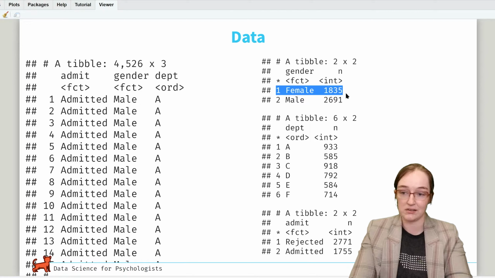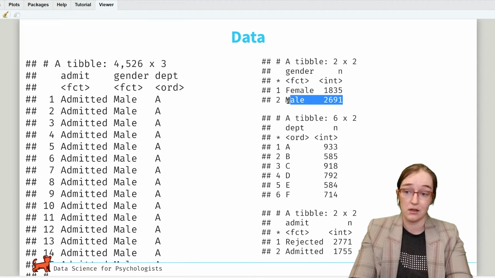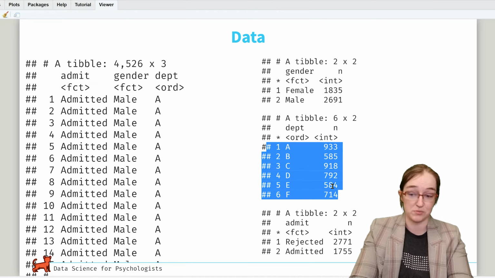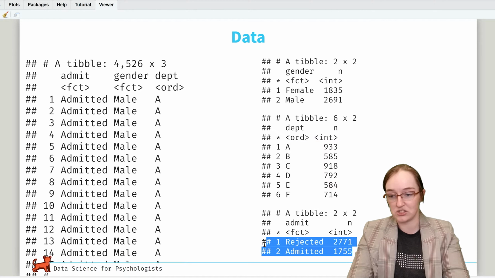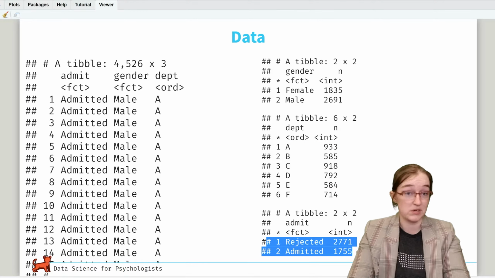And we can see here that there's fewer women overall that are applying, and we can also see that there's a pretty wide distribution of departments. They're very creatively named, but that's for anonymity, as well as just the raw number of rejections and admissions.